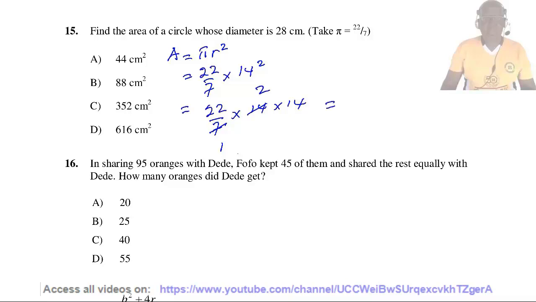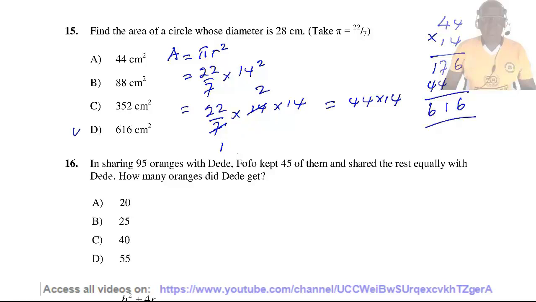So we shall get 44 times 14. Now let's multiply 44 by 14. 4 times 4 is 16. 4 times 4 is 16, 17. 1 times 4, 4. So 6, 11 is 616. So the answer is D.